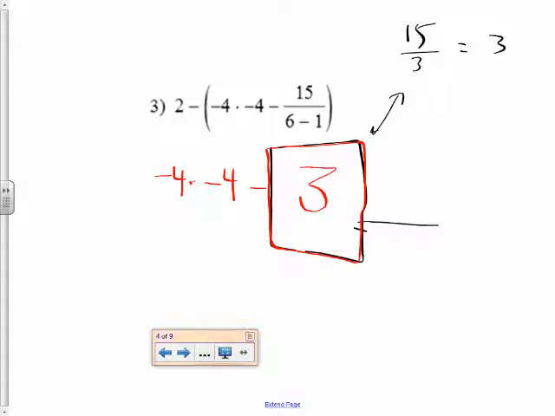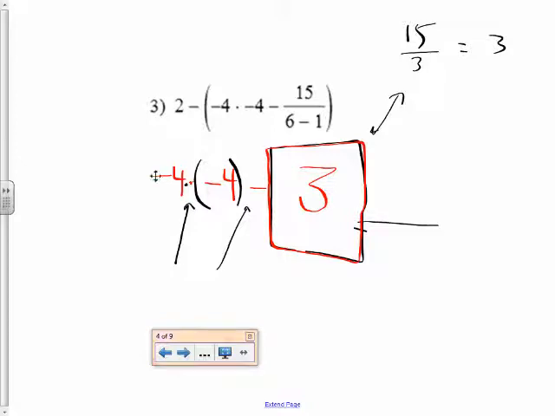3. Now let's follow some more PEMDAS rules. I have to do multiplication before I do subtraction. I can't subtract until I multiply. And this is multiplication: -4 times -4.